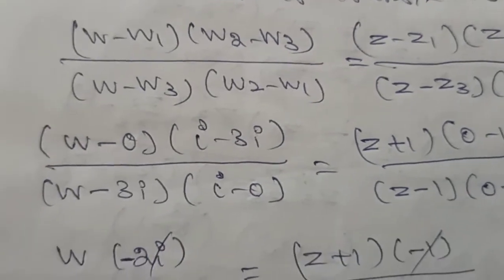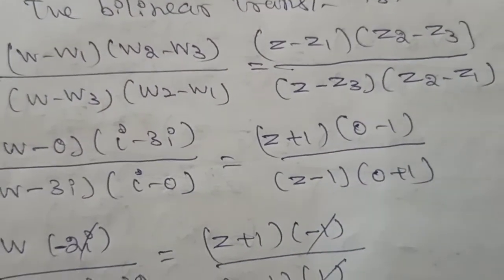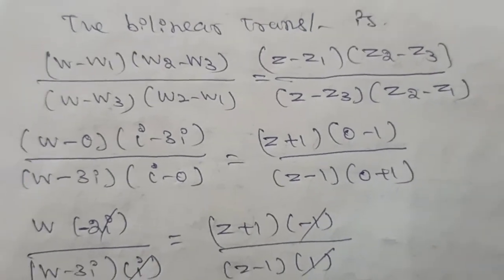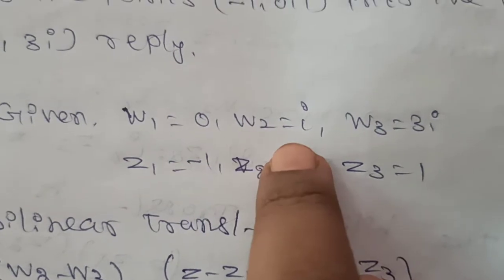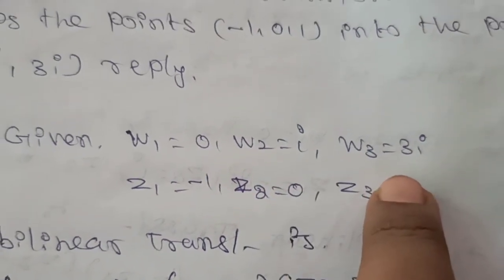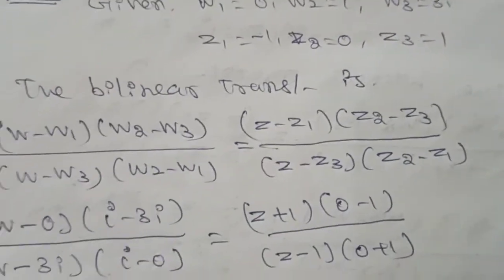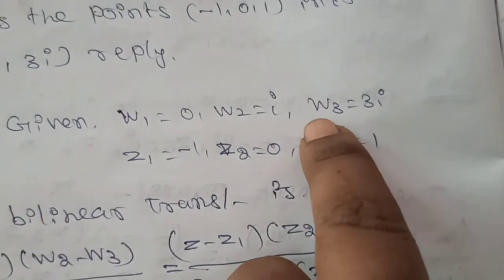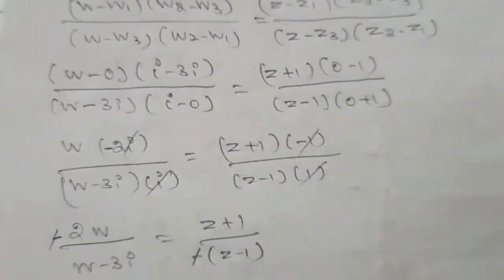Next, substitute all the values. We can directly substitute, because we verify that none of the values is infinity.